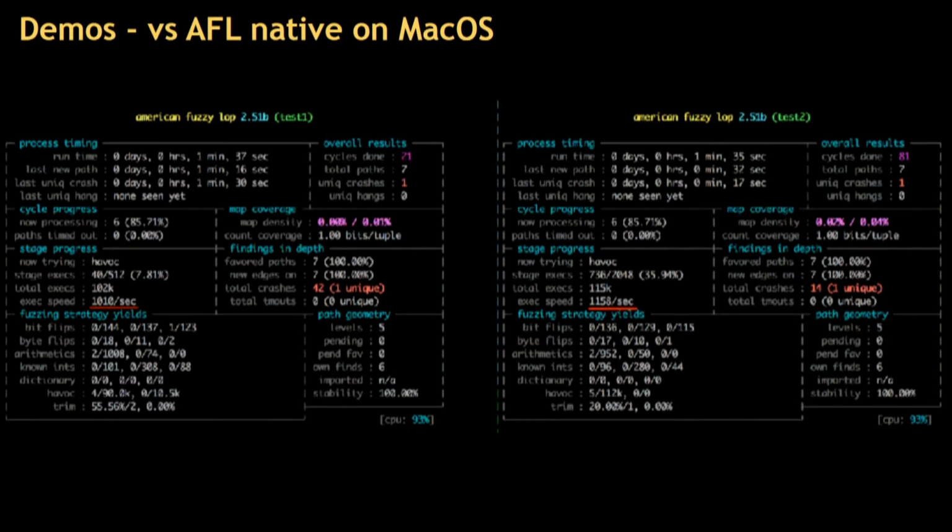And you can see the speed is like 1,100 something tests per second. That's original AFL handling the program with the source code. And then we take the same binary and we run that binary inside our fuzzer. On the left side, you see the speed is like 1,010 tests per second. So you can see that the performance of Darko compared to original AFL with source code is like 90%.